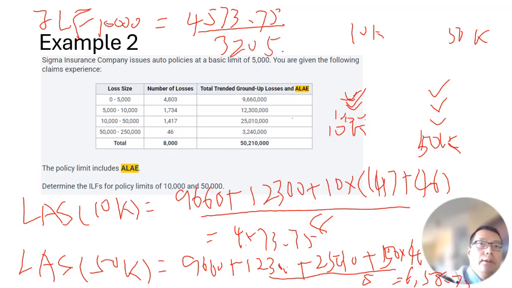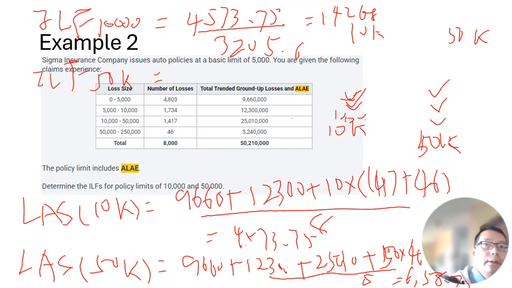Similarly, the ILF for 50K is calculated. So this is how you calculate both.